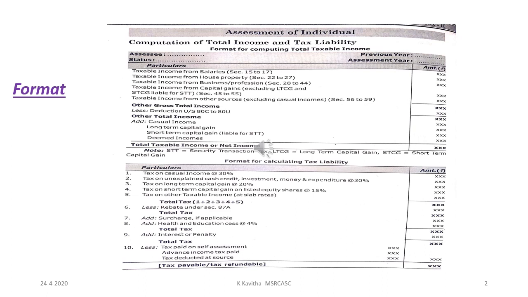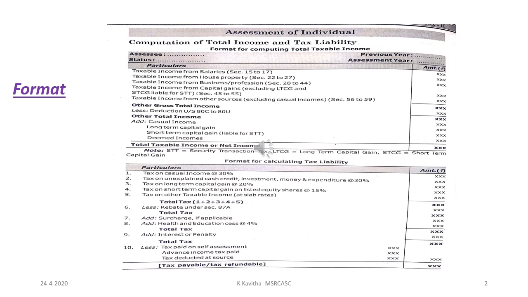But while taking capital gains, we have to exclude long-term capital gains and short-term capital gains where STT is attracted. So except these two, STCG with STT and LTCG. Except these two, any other capital gains we have to add.